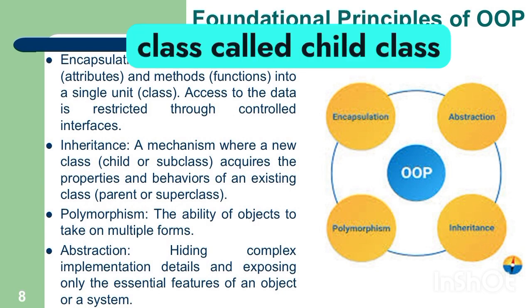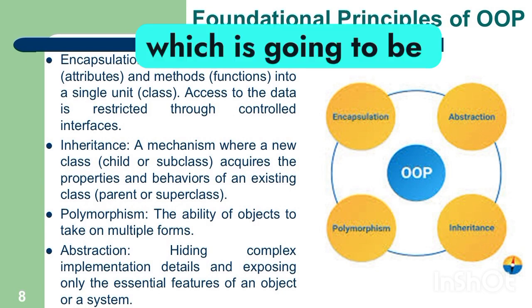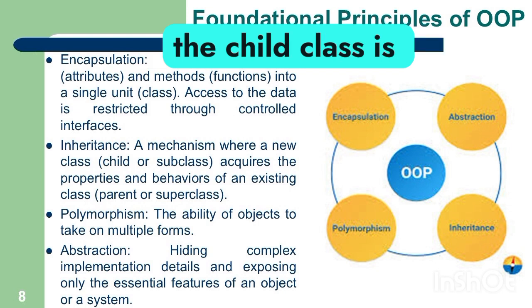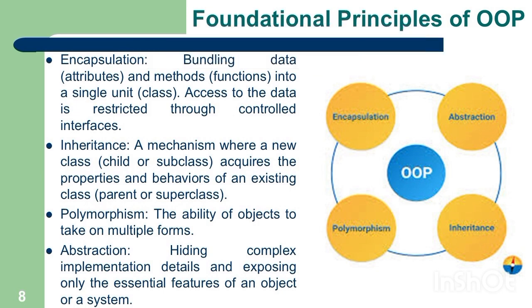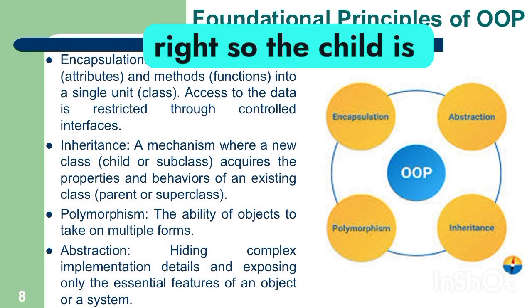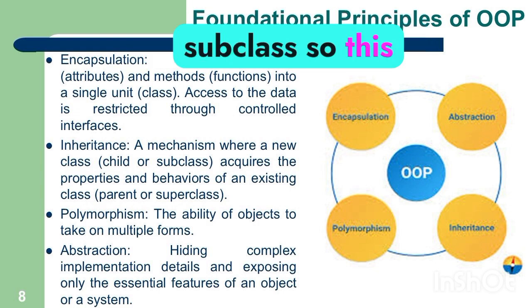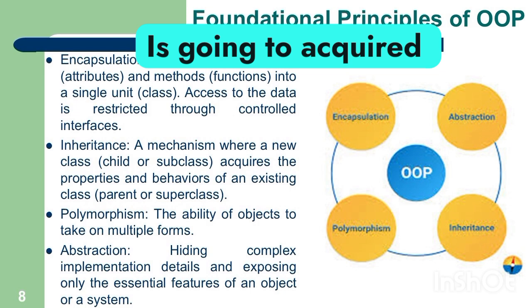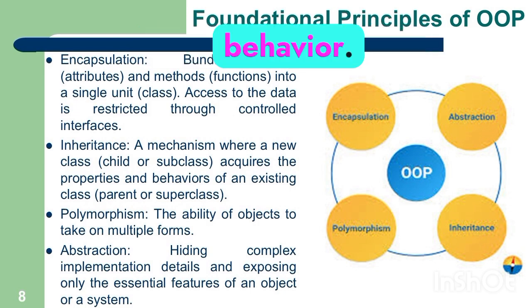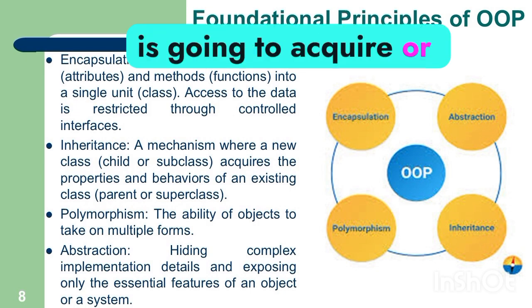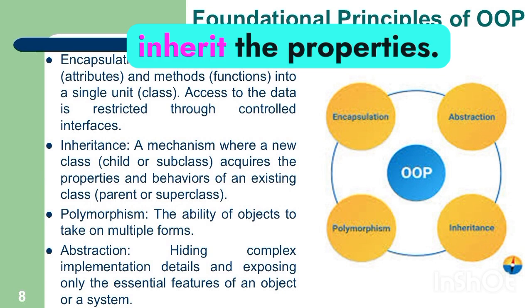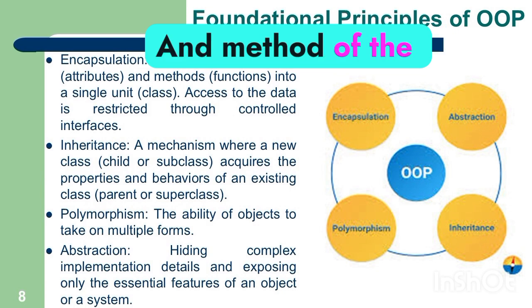And we have another class called the child class, which is the subclass, right? So the child is called the subclass. It is going to acquire the properties and behavior, that is, the child is going to inherit the properties and methods of the parent class.